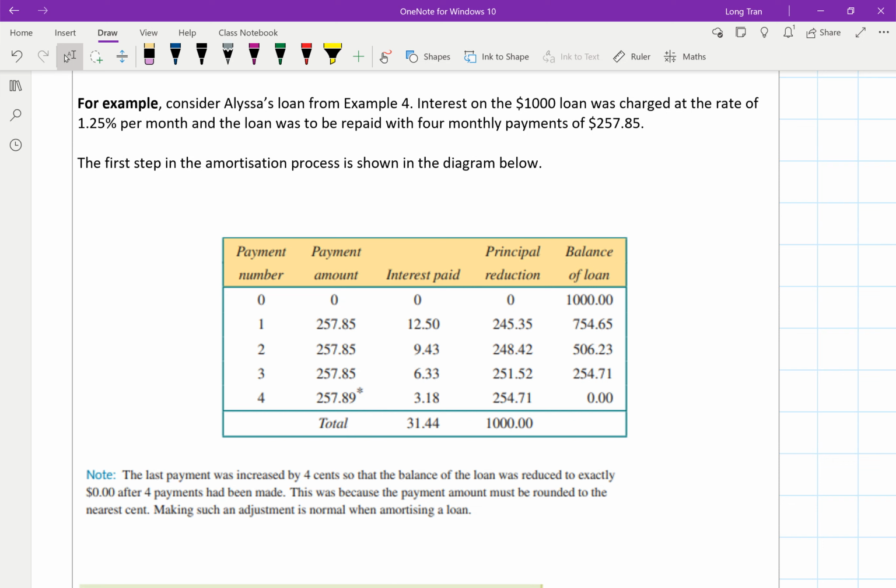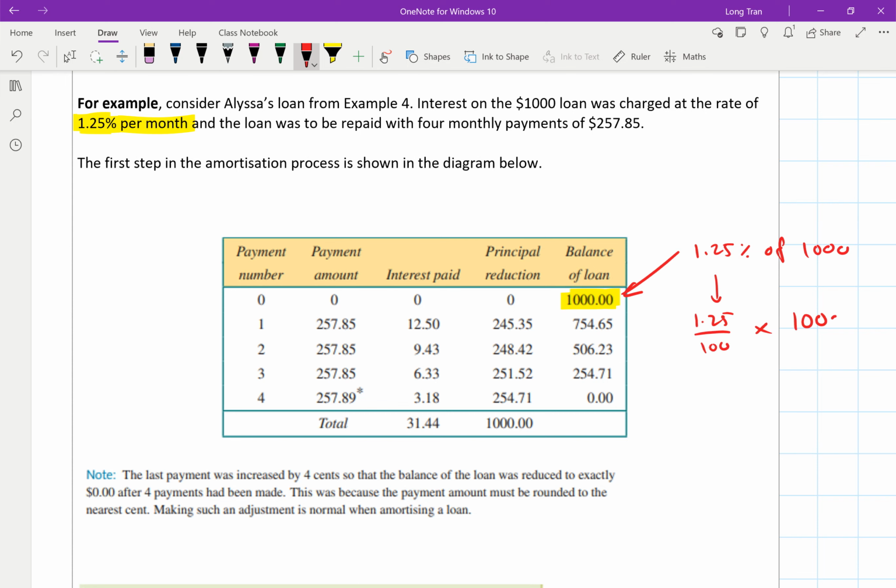This is the interest column. How do they get that interest? Where does $12.50 come from? That comes from our understanding that the rate was 1.25% per month. So they did 1.25% of $1,000 because that's what you owe at the moment. 1.25% just means 1.25 over 100 times 1,000.